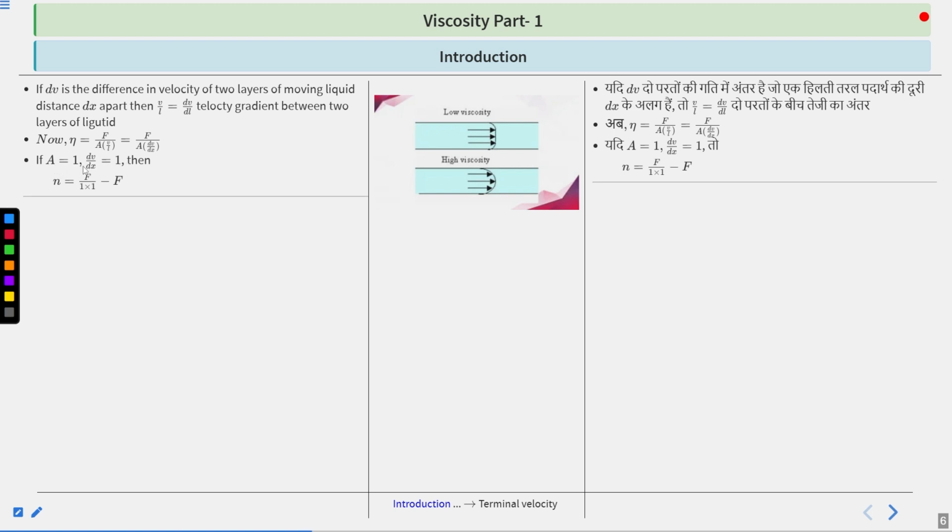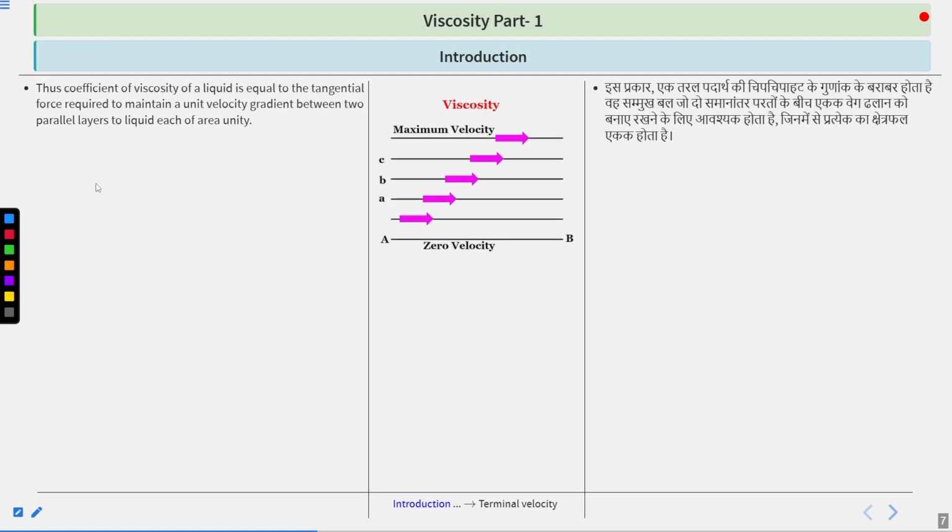If a equals 1 and dv by dx equals 1, then eta equals f. Thus the coefficient of viscosity of a liquid is equal to the tangential force required to maintain a unit velocity gradient between two parallel layers of liquid, each of unit area. The dimensional formula of eta is ML^-1 T^-1.